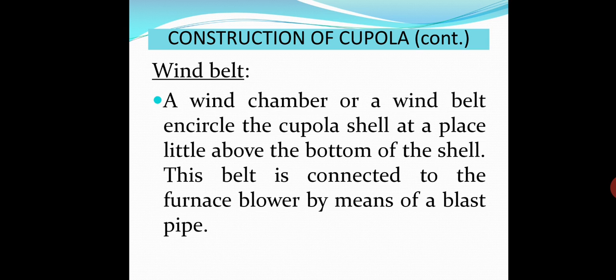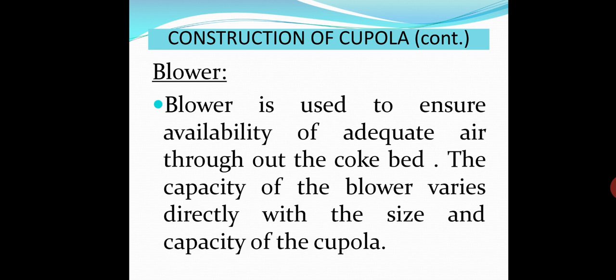From the blower, air comes and enters this wind belt or wind chamber, which encircles the cupola, and in the cupola shell there are holes known as tuyers. Through these holes or openings, air enters the combustion chamber.